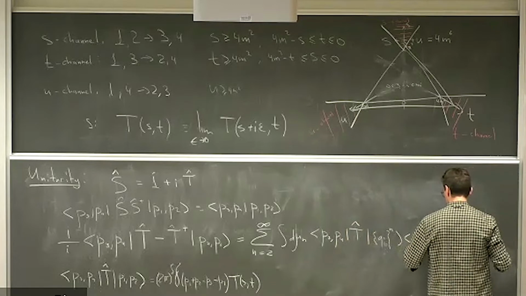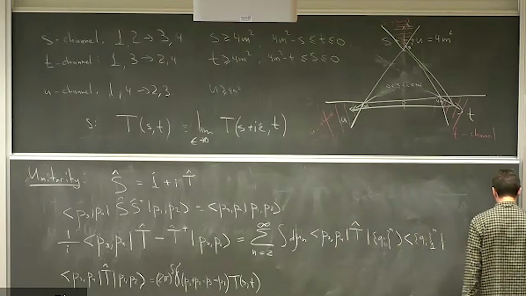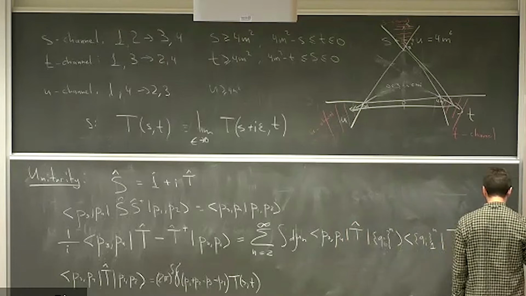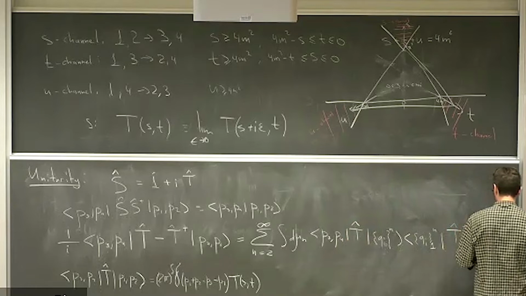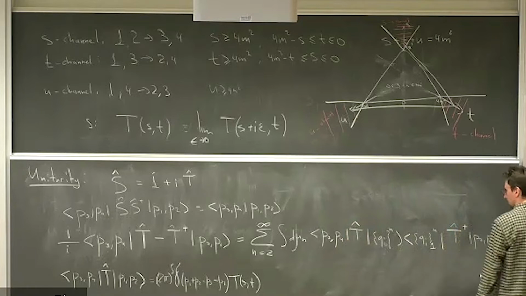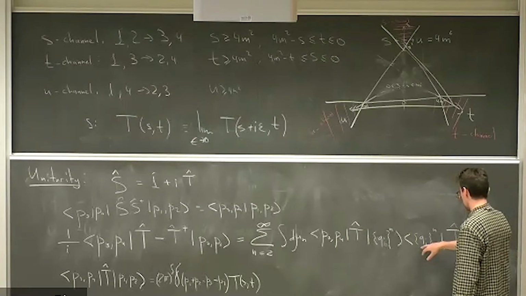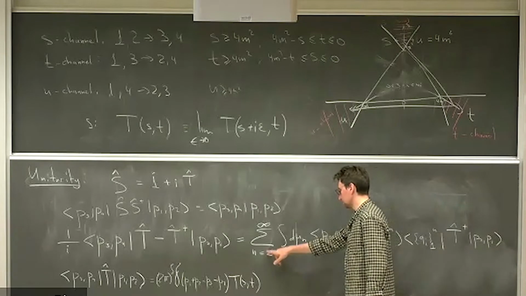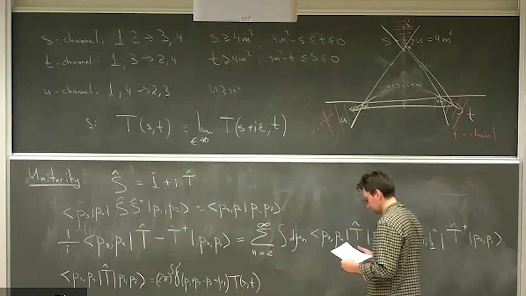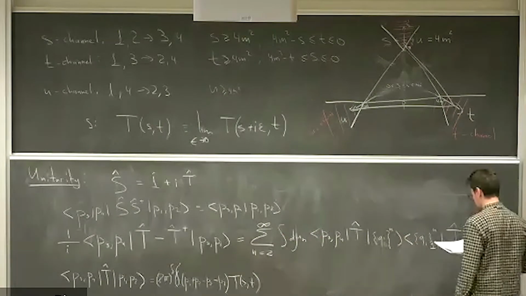When writing this relation, I use all these little kinematical facts that I already introduced: the stability of 1 particles implies the transitions from 1 to 2 are 0. Therefore, the sum starts from 2 and goes to infinity. And yes, here we use the completeness relation.